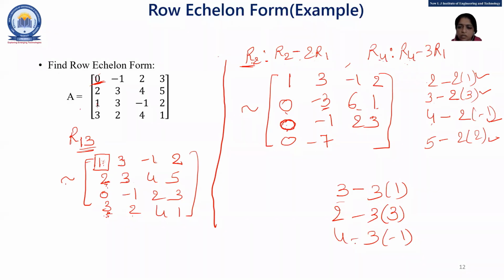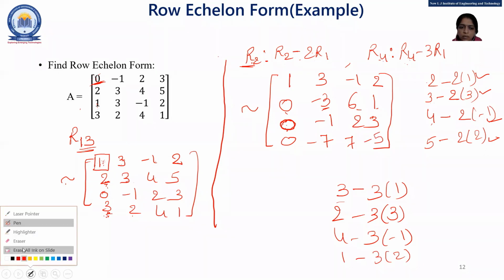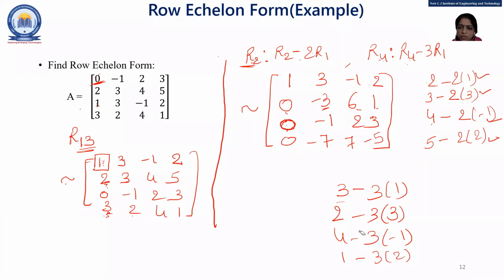Minus 1, so 4 plus 3. So that is 7. And for the last, 1 minus 3 into 2. So 1 minus 6. That is minus 5. Okay. So these are the operations. This operation I did for the second row and this one operation I did for the last row.